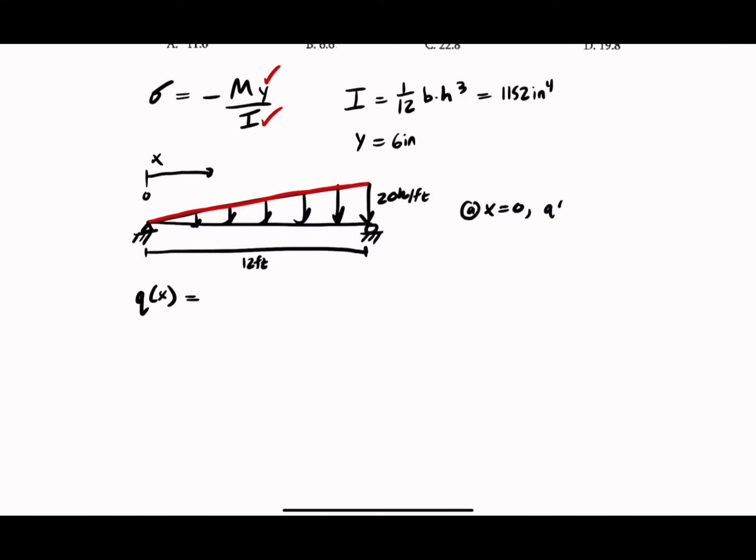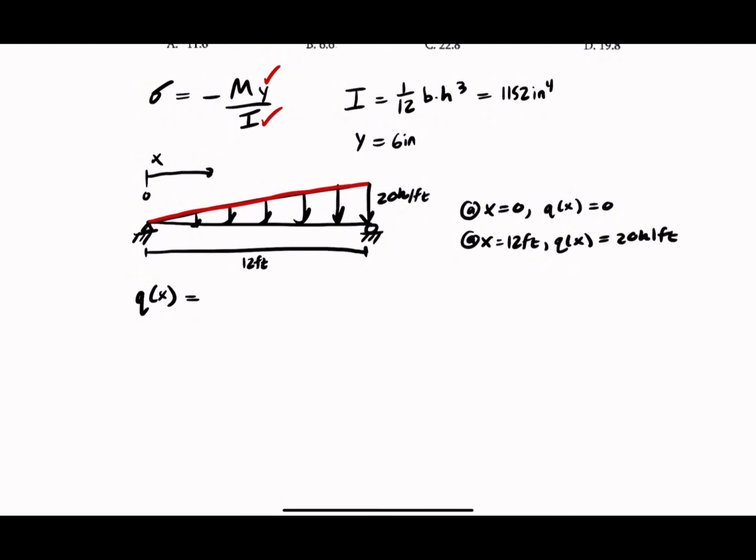So q of x should be 0. Now, at x equals 12 feet, q of x should equal 20 kips per foot. So we need a function that is going to be able to produce this. I think the easiest way to do this is to divide the 20 by 12, so that when we get to 12 feet, we get the 20 kips per foot.